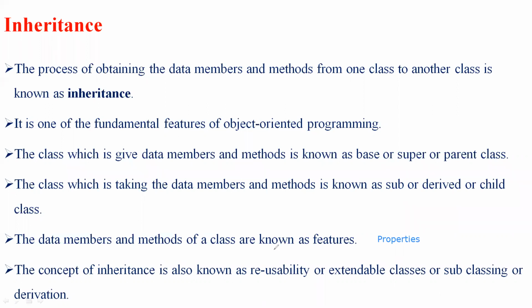Why do we call this reusability? One aspect can be derived by n different subclasses, so it helps to reuse the same concepts from one class in multiple classes. It is also called extendable classes, since one class extends to multiple different classes, which are called derived classes.